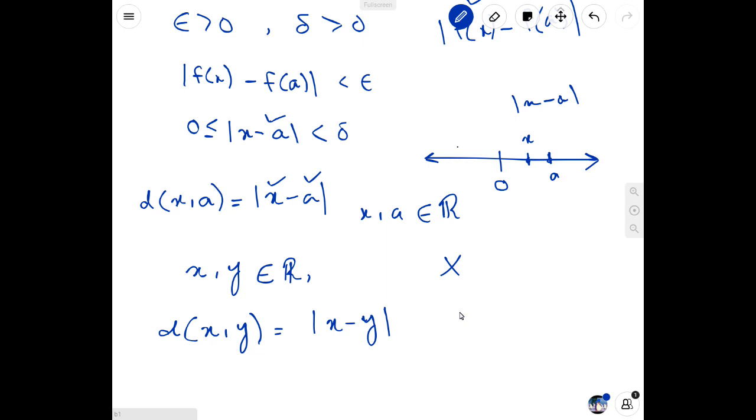And those properties are called the metric axioms. And these metric axioms will be given in the definition of the metric space. So let me move on to the definition of the metric space.